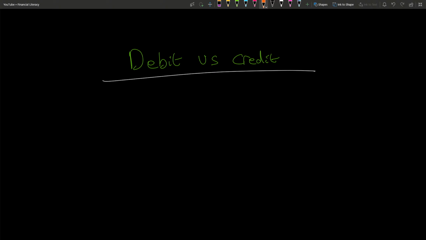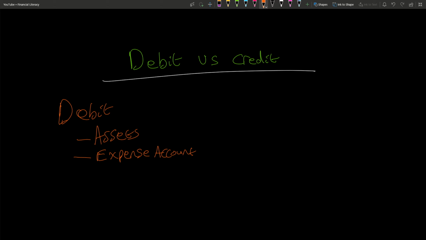I'll first of all explain it in a very accounting sort of way, and then next I'll explain it in a slightly less accounting way. So debit increases the assets and the expense account. This is for all the accountants out there, or would-be accountants.